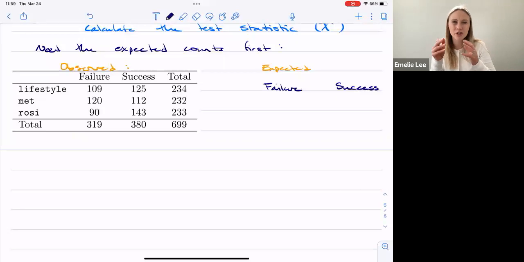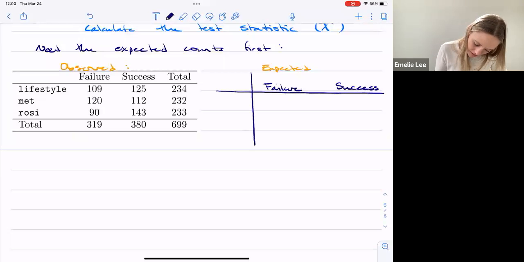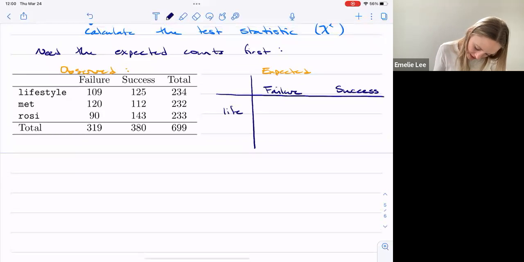The totals should add up to be the same, but because I'm kind of low on space here, I'm going to do it like this. So here I'll say life and Matt and Rosie.